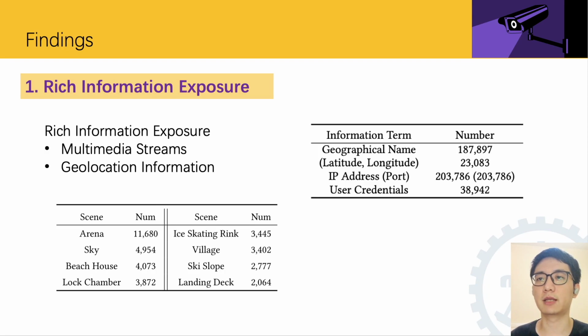We found that over 73,000 webcams from IP hosts expose multimedia streams to the internet in this vulnerable manner, and over 187,000 geographical location names and over 23,000 detailed coordinate pairs are exposed for webcams on aggregation sites.